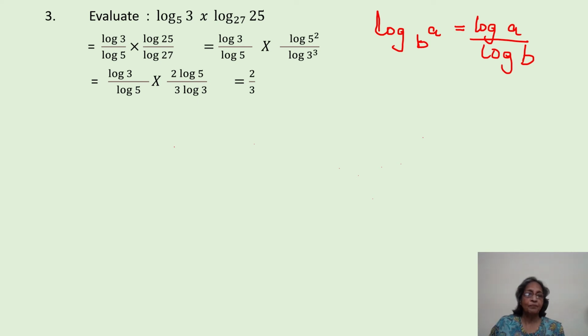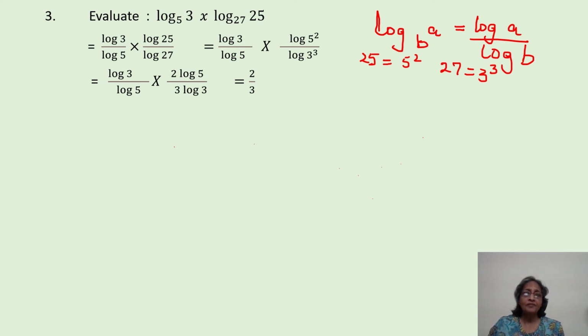So in our next step, we have log 3 upon log 5 into log 5 raised to 2. That 5 raised to 2 has come because 25 can be written as 5 raised to 2 and 27 can be written as 3 raised to 3. So using the same law, we have log 5 raised to 2 upon log 3 raised to 3.